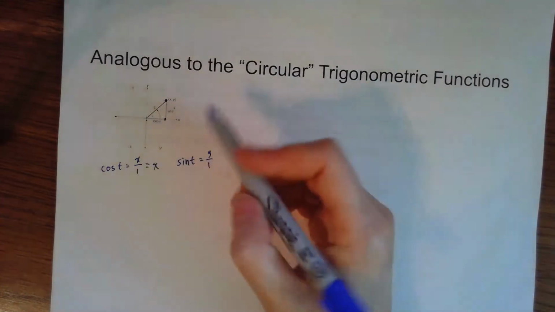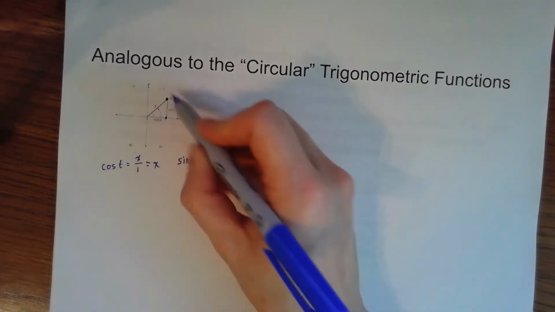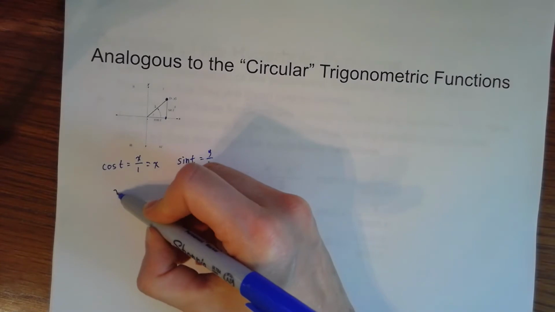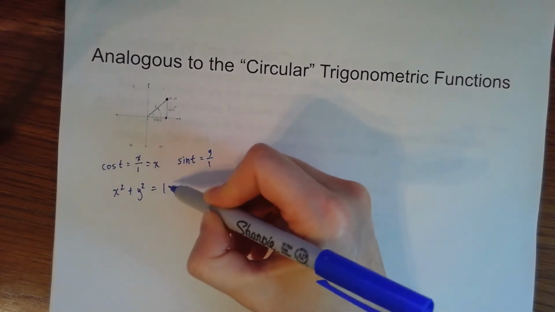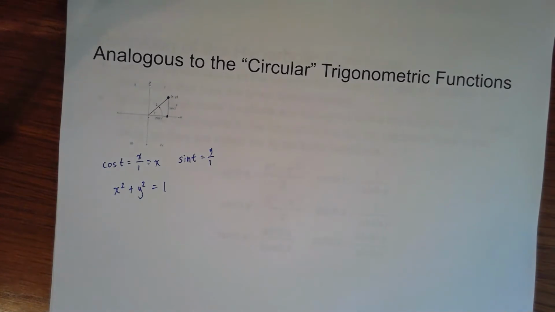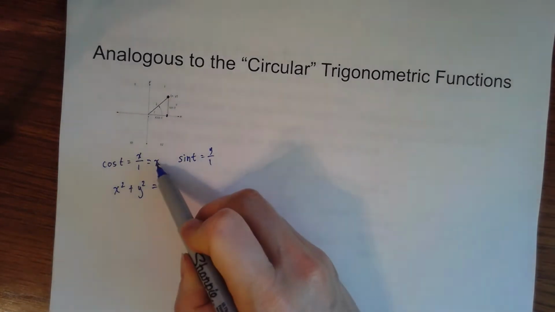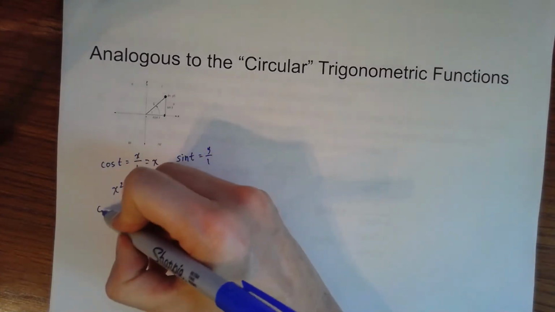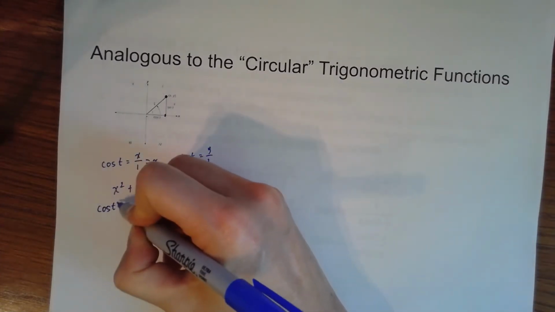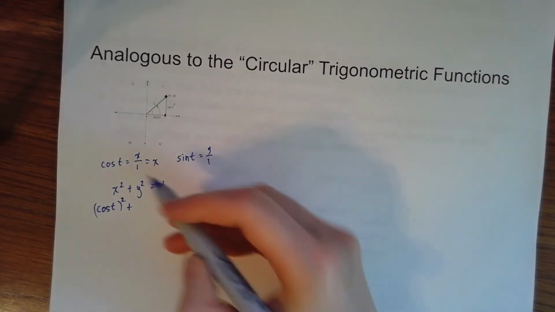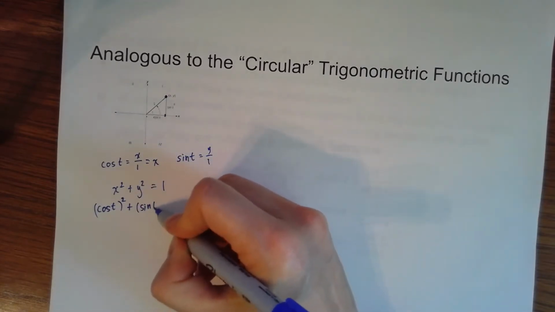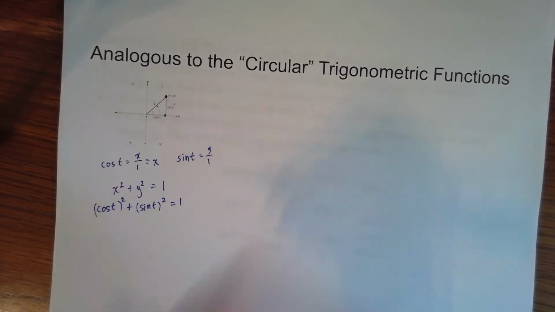Now, we know that the equation for a circle is x squared plus y squared equals the radius squared, which is 1 squared in this case. Since x is cosine of t, we could substitute that in there and say the cosine of t squared plus, and y is really just the sine of t, so sine of t squared equals 1.